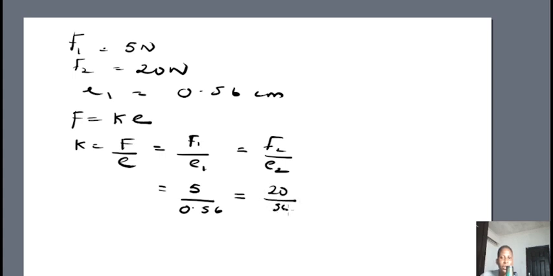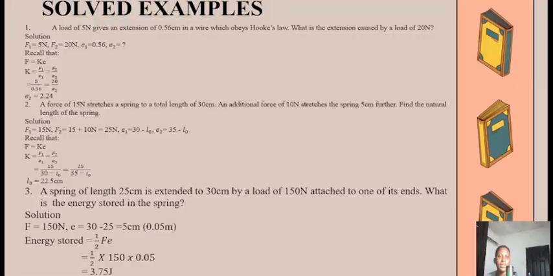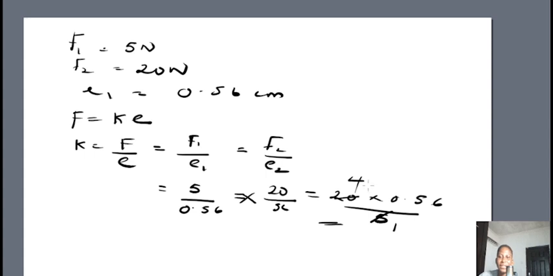We don't know it, so let's put X. So what are we going to do? We're going to cross multiply. So this is going to be 20 times 0.56 over 5. The 5 here goes once, and the 20 here gives 4. You can use your calculator. So what's our answer? Our answer is 2.24. And that's the extension, 2.24 centimeter. So let's check.